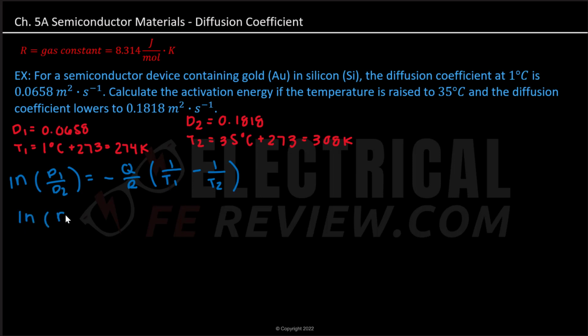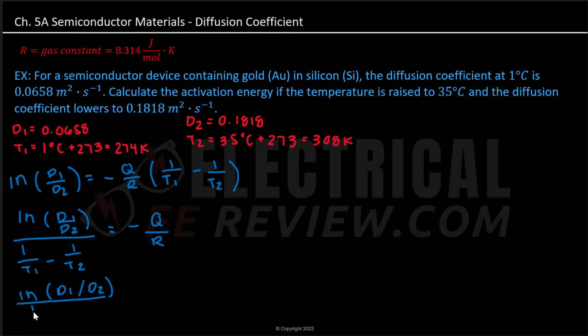So we have the natural log of D1 over D2 divided by 1 over T1 minus 1 over T2, which is equal to negative Q divided by R. And so now we can multiply by R to single out our variable Q. So we have the natural log of D1 divided by D2, divided by 1 over T1 minus 1 over T2, times R is equal to negative Q. And so I'm going to wipe the board again to continue to solve.